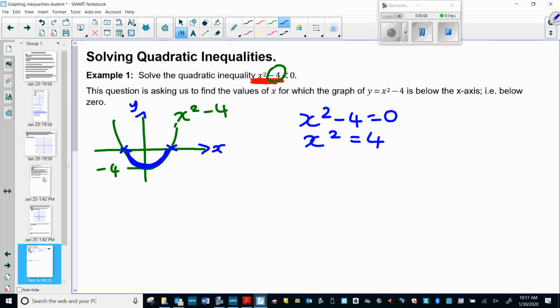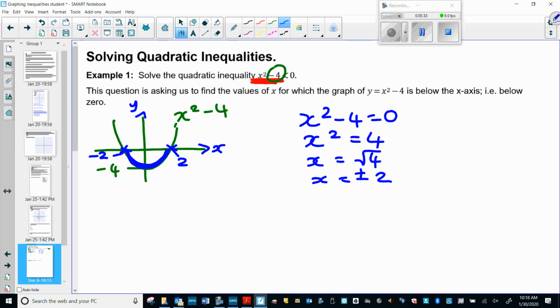What do I then do to find x? Square root 4, which is, remember, plus or minus 2. Hopefully you're comfortable with it. This value must be a 2, and this value here must be a negative 2. Yes?